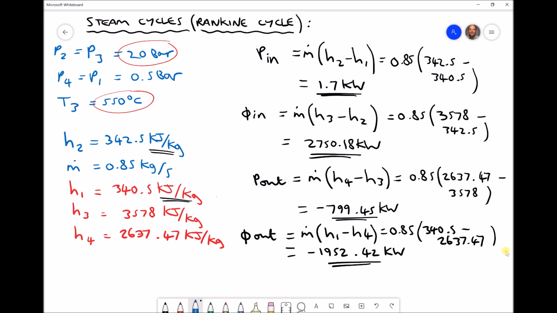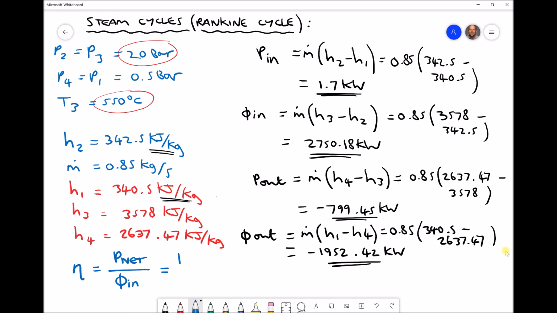Okay, so our final calculation then is for the efficiency of this process. And the efficiency of a thermodynamic process is the net power output. Note that it's the net power output there that we're referring to, divided by the rate of heat input. Well, our net power output is the magnitude of our power out minus the magnitude of our power in.